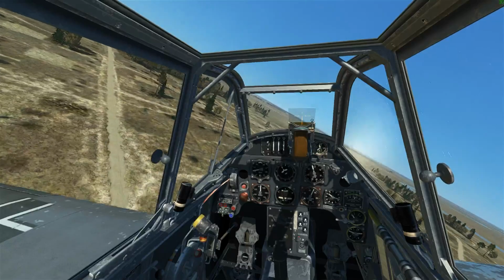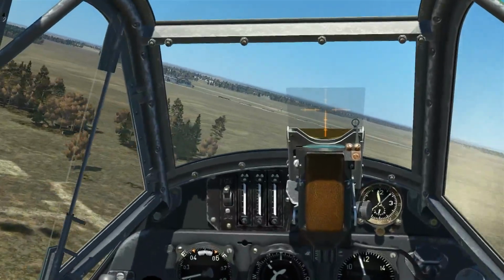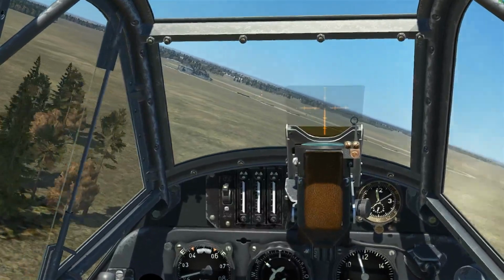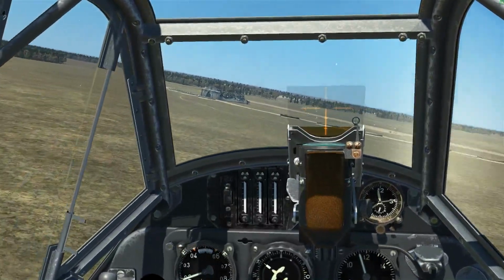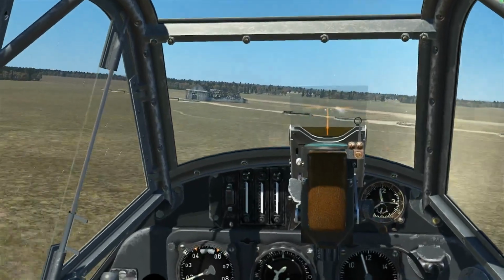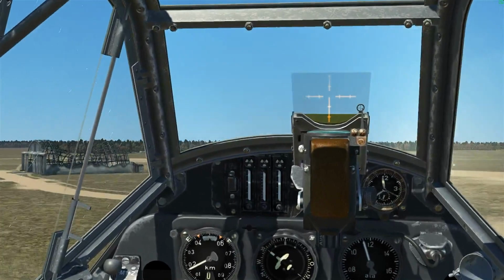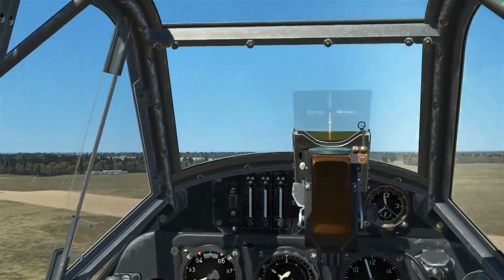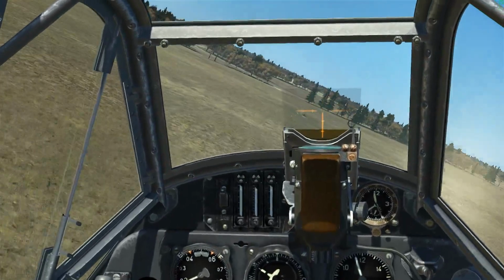Now I start my turn. There's the airfield. Get ready to kick some ass. Looks like they're wide awake. I'll just help them have their first bowel movement of the day. Kick in a little left rudder here.